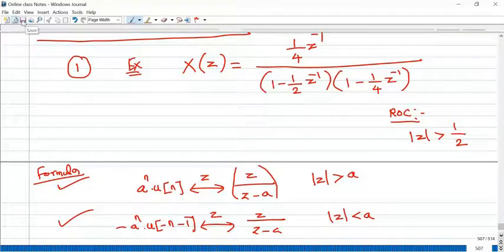So long division method or power series method and partial fraction method for all possible values of region of convergence.